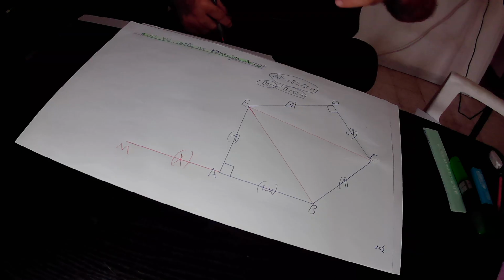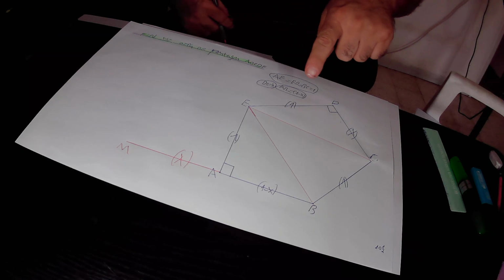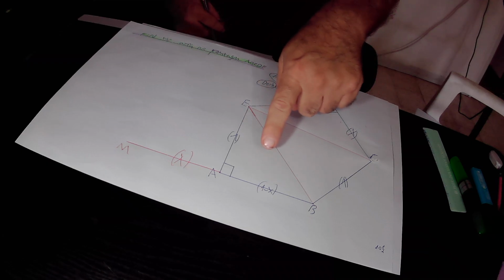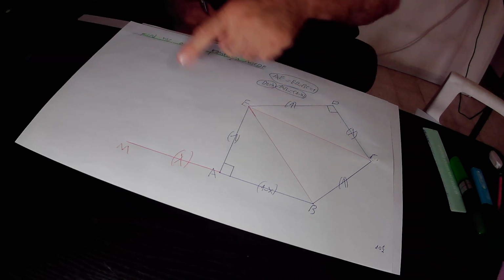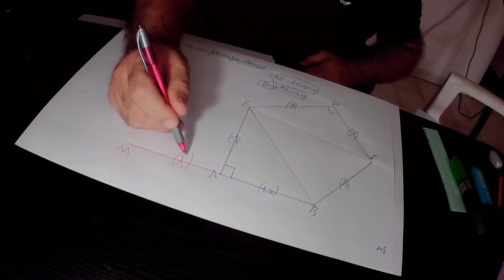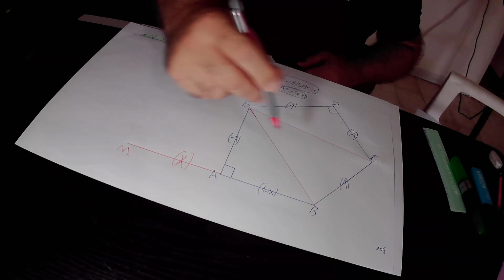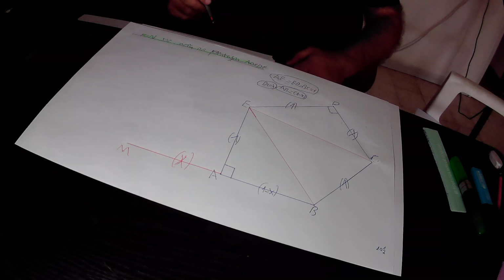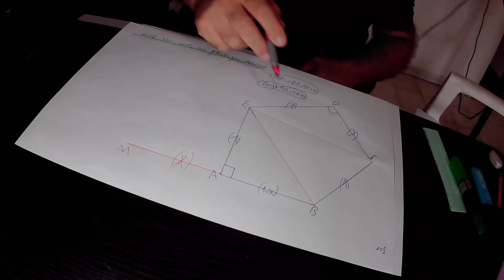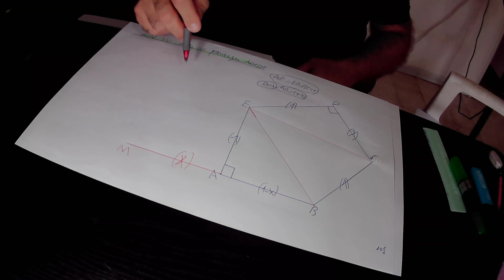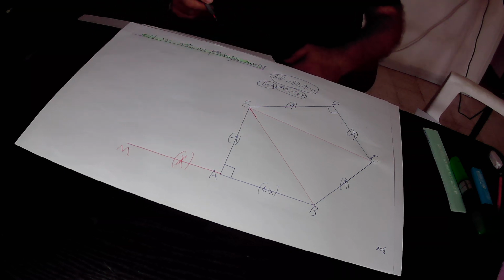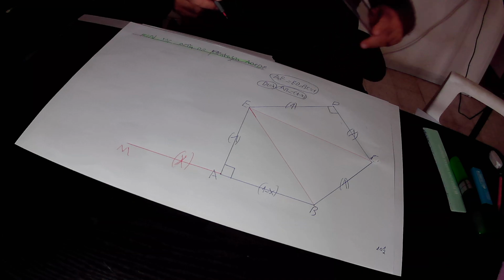BA is one side of the big pentagon ABCDE, and therefore it is absolutely a straight line. We extended the straight line BA by a straight line, and the result is BM. When you extend a straight line by a straight line, the result must be a straight line, and therefore BM is a straight line. If you focus on the upper side of the straight line BM at point A here, the sum of the angles must be equal to 180 degrees according to rule 3.